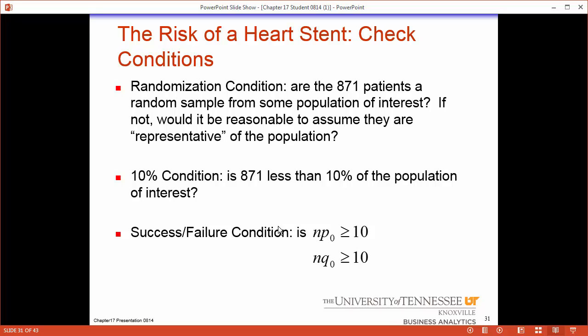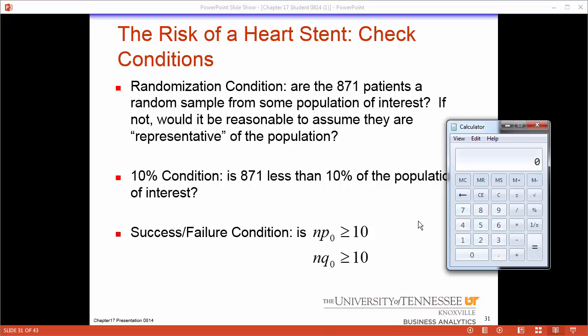The final is the success-failure condition. Now this is based off the null proportion right here. This states the sample size times the null proportion. The null proportion was 7%, and we sampled 871 people. So if I do 0.07 times 871, that is greater than 10. And np0 plus nq0 will equal 871.